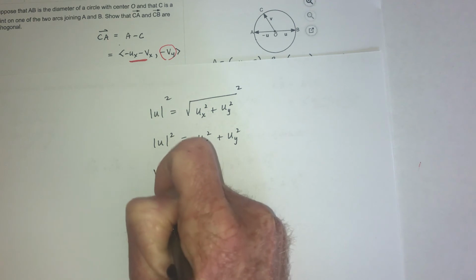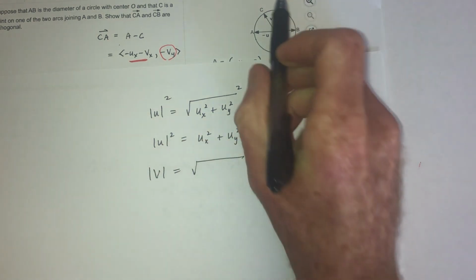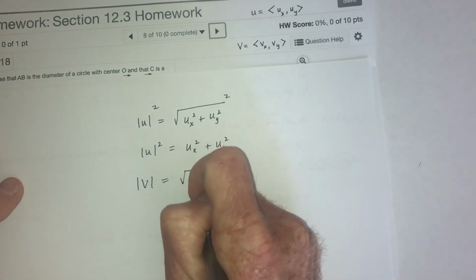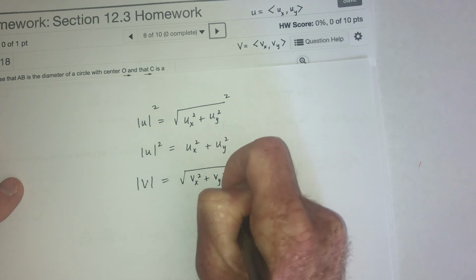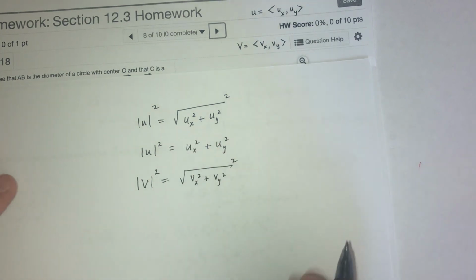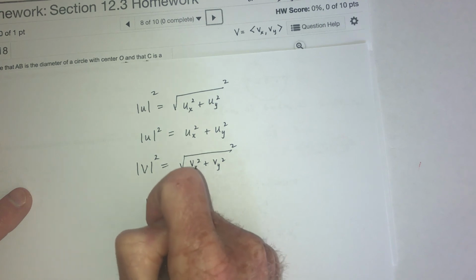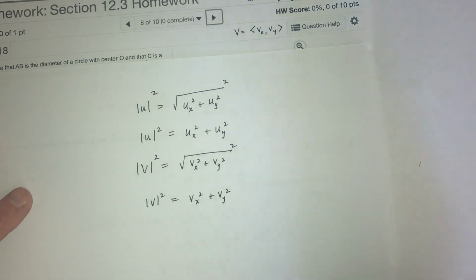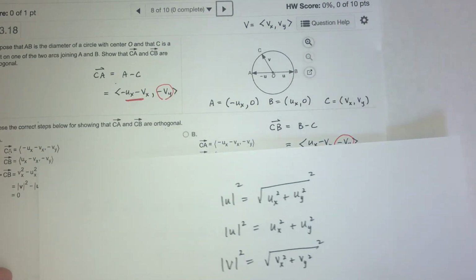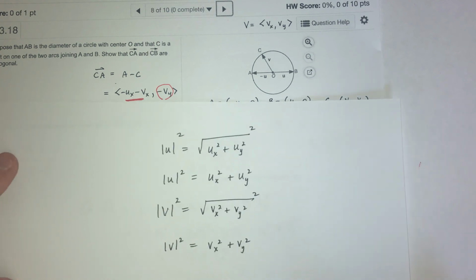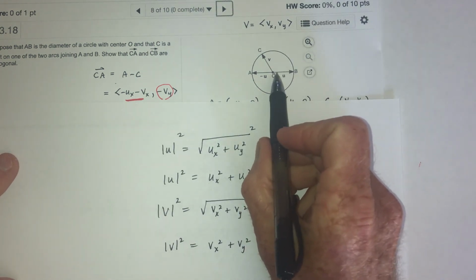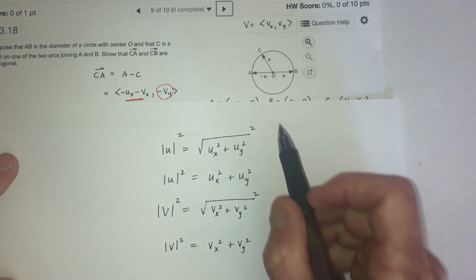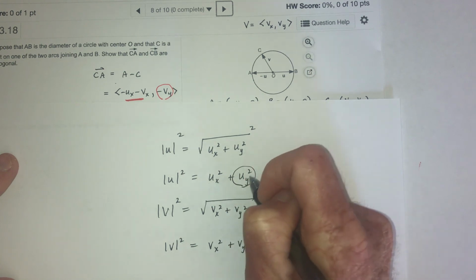And the length of v would be the square root, so that's this one right here. So that would be vx squared plus vy squared, but then square both sides. So the length of v squared equals vx squared plus vy squared. But with this u, the second component is actually 0. So actually this one right here is 0.